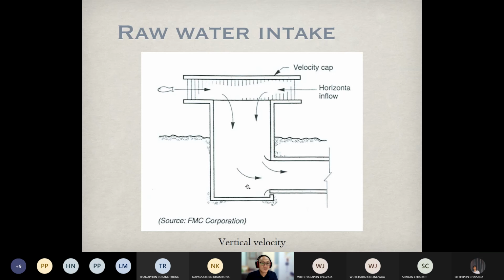One parameter that we really are concerned about for raw water intakes is aquatic organisms entering the intake facilities. This could actually block the water movement.